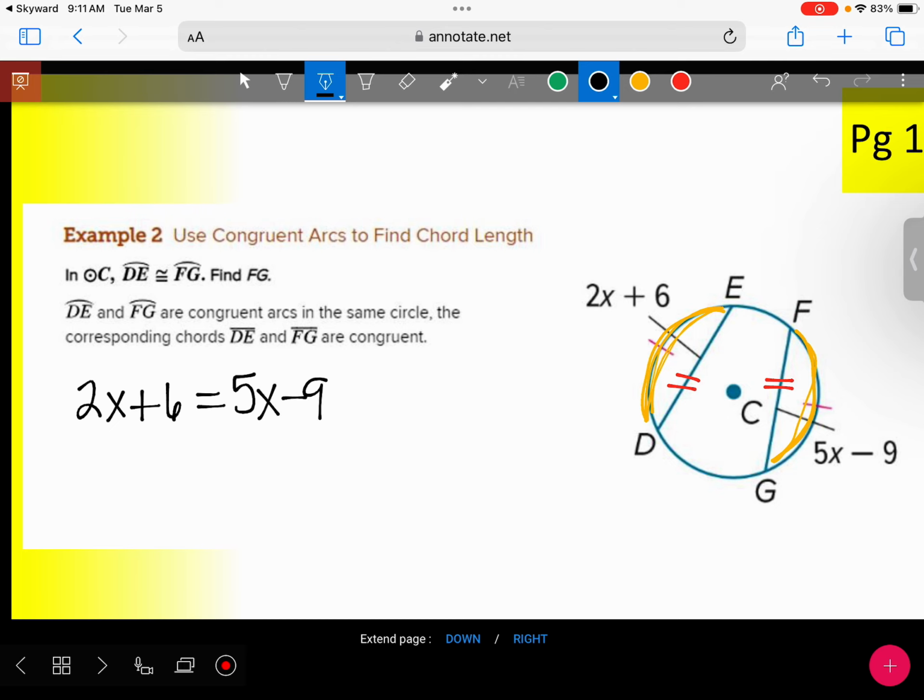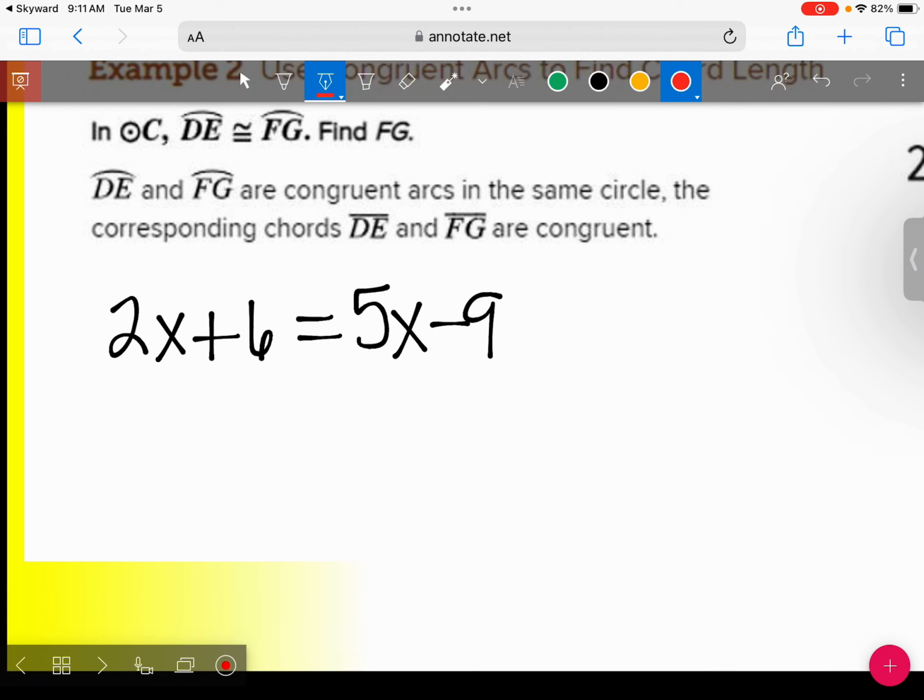Who remembers how to solve an equation? All right, try to solve it for x. Bring all your x's to one side, all your numbers to the other side. So let's subtract our 2x. Go ahead and subtract 2x.